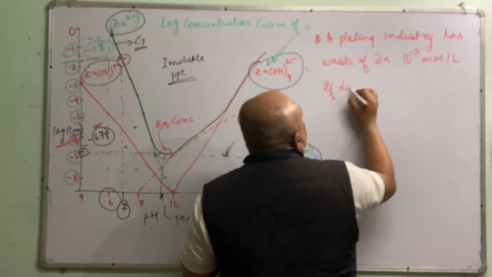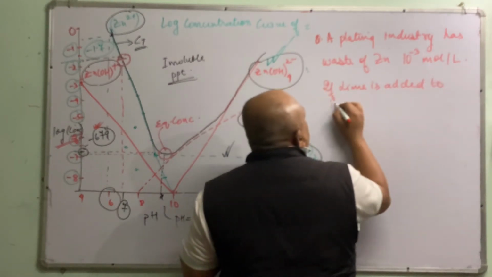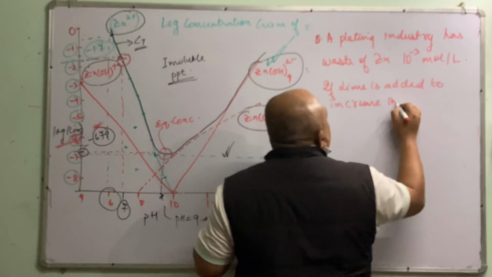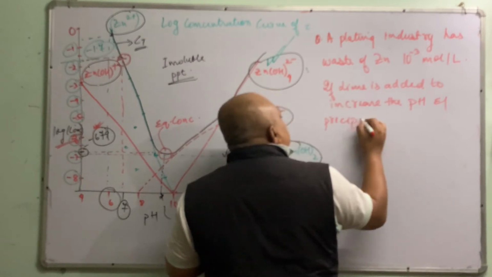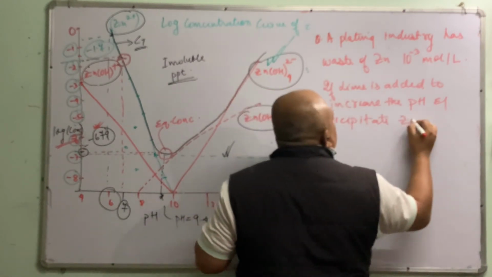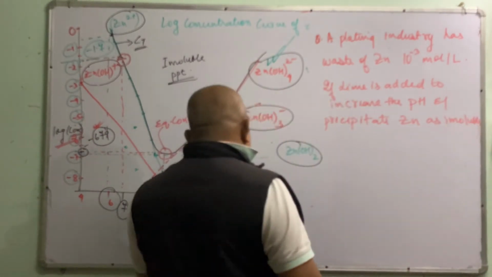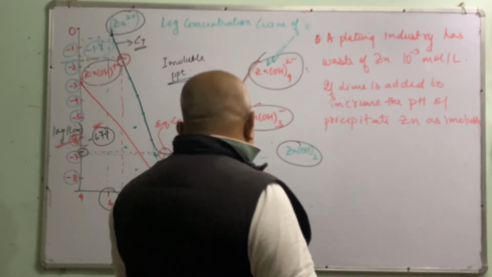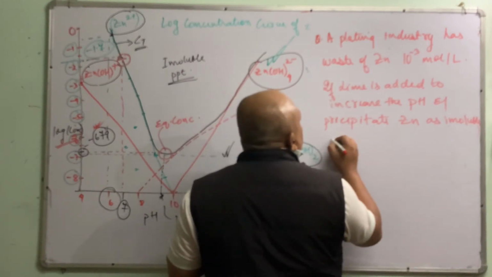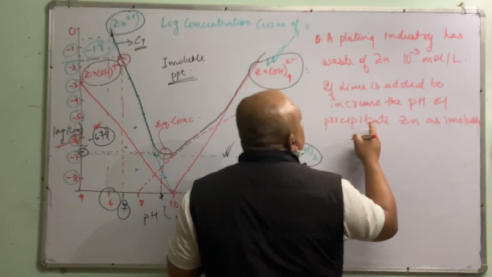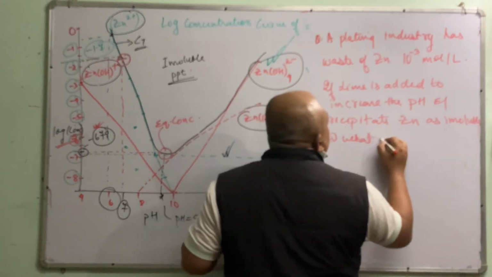If lime is added to increase the pH and precipitate zinc as insoluble, at what pH should it be done?